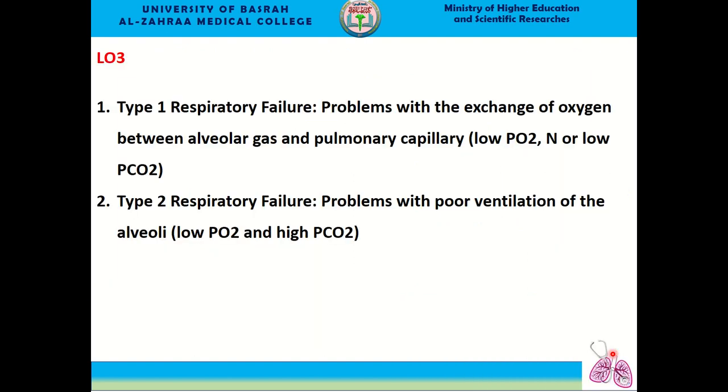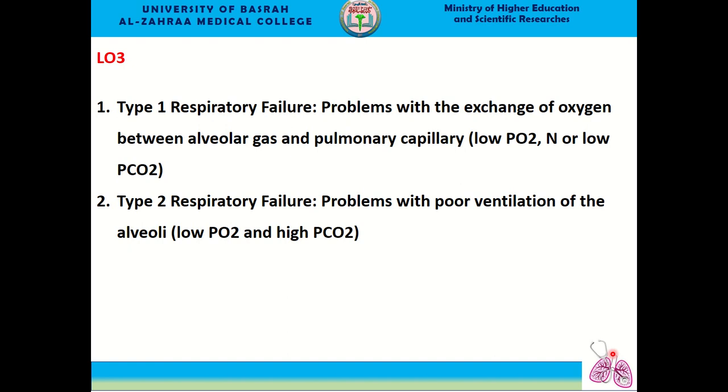Okay, now there are two types of respiratory failure, as you know. We have type 1 respiratory failure and type 2 respiratory failure. In type 1, the problem usually is with the exchange of oxygen between alveolar gas and pulmonary capillary. So there is good oxygen content in the alveoli, but the problem is in the exchange.